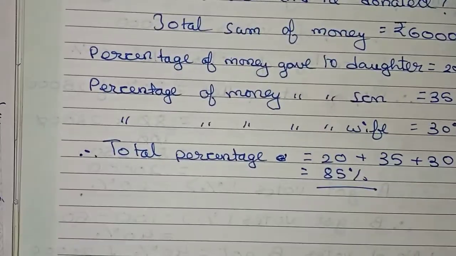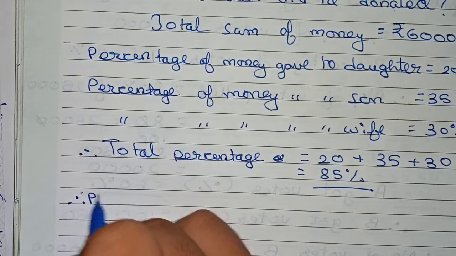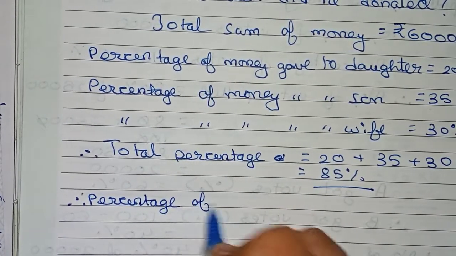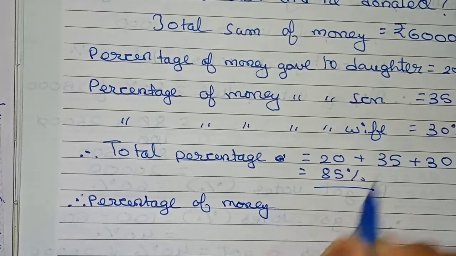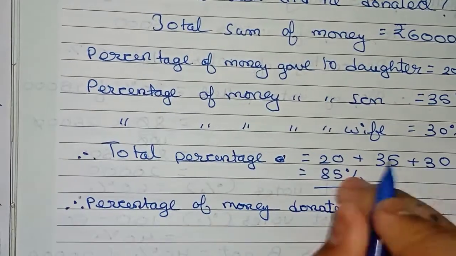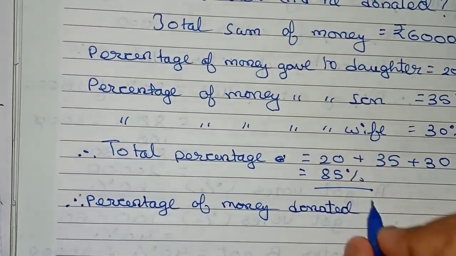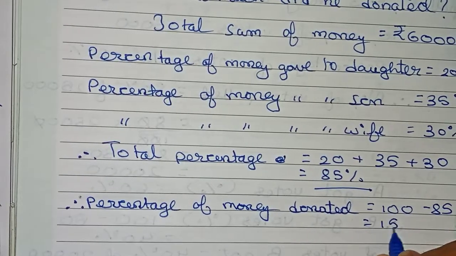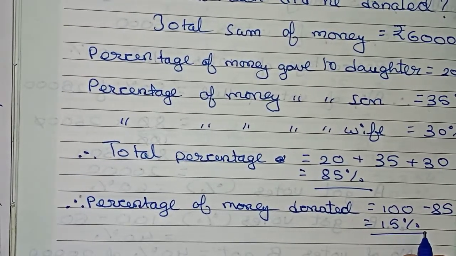Now we find the percentage of money donated, which is 100 minus 85, which equals 15%. So 15% of the money he donated.